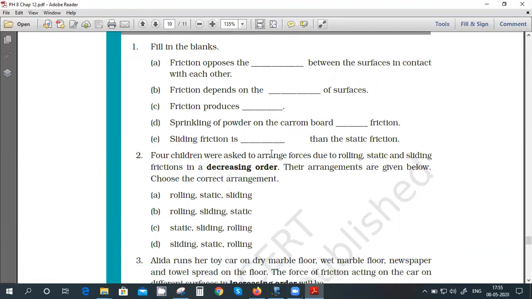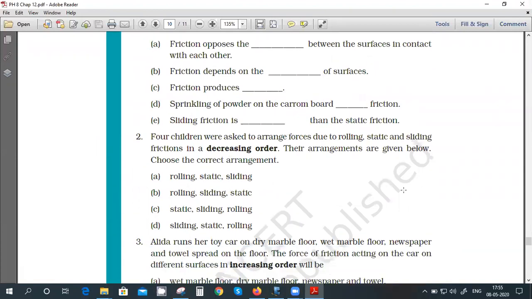Second question. Decreasing order. So which friction is more?